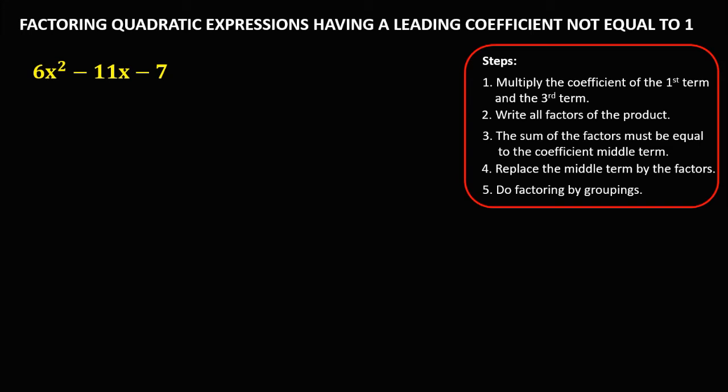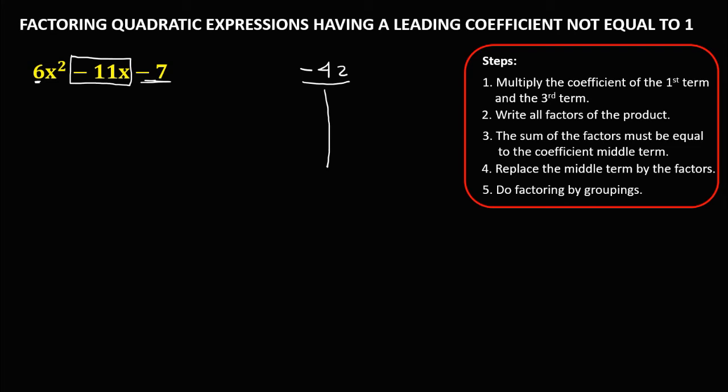Then for this given expression, again, multiply the first coefficient and the third coefficient. So 6 times negative 7, this one is negative 42. Then write all the factors of negative 42. Since 42 is negative and the middle term is also negative, the bigger number must be negative.